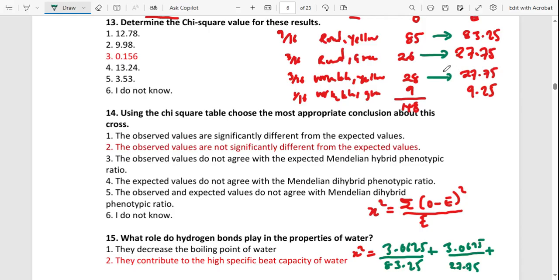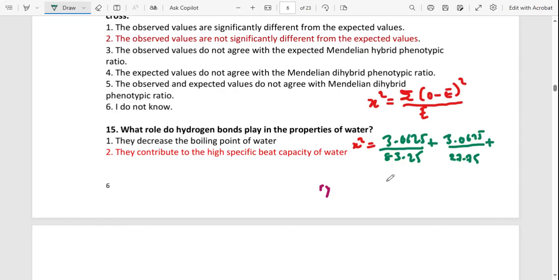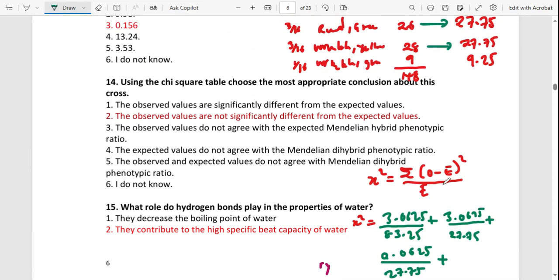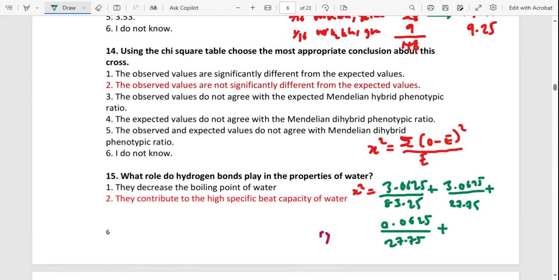And then plus, go to the next. Subtract 28 minus 27.75. The answer you get, square it. That is going to be 0.0625. And then you divide by the expected. The expected was the same, 27.75. And then you do the last one, which is 9 minus 9.25.